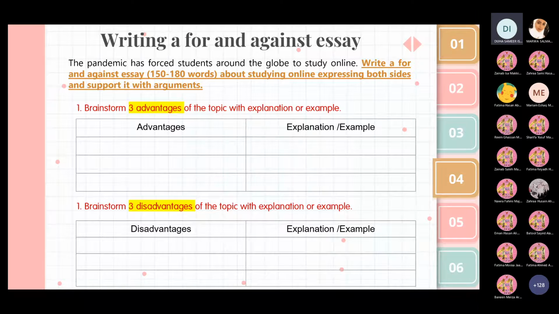Great job for those who have written the correct answer in the chat. Again, I remind you the topic is studying online. Find 3 advantages and 3 disadvantages of studying online.